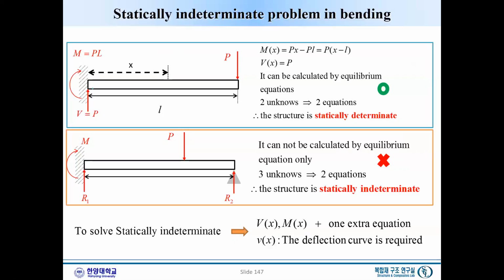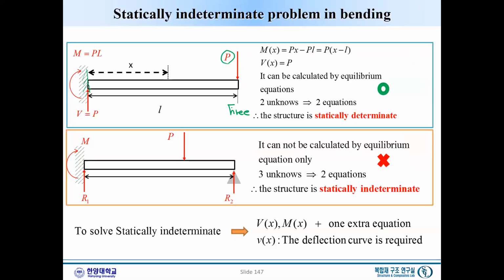So, for example, say this is the beam. On the left-hand side is a clamp, and then on the right-hand side we have a force P. And over here, on the right-hand side is free.